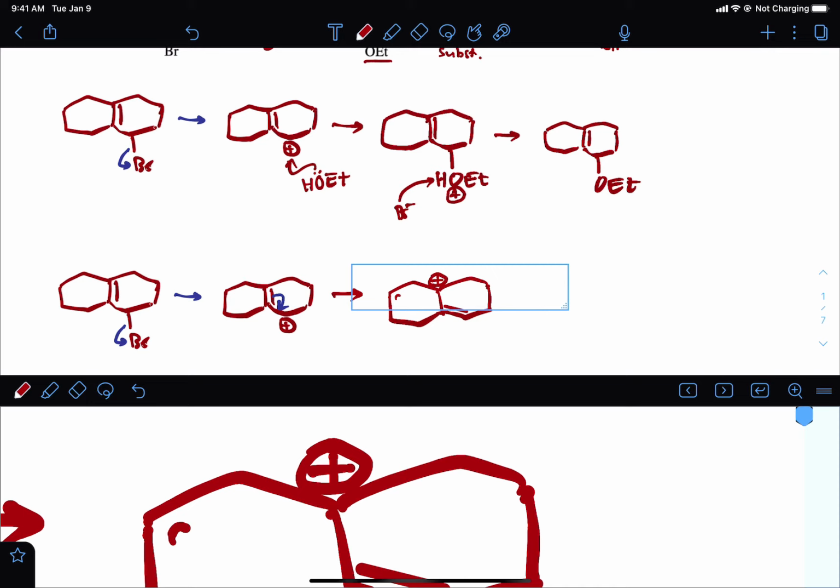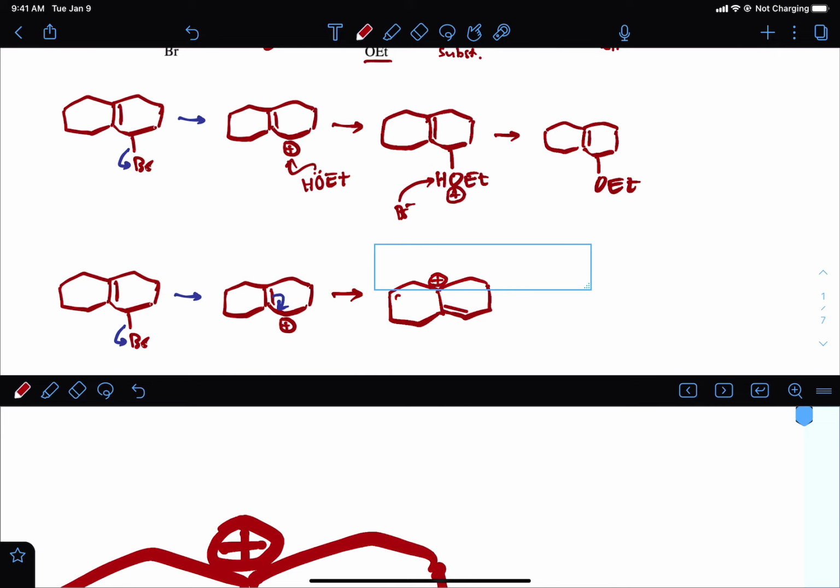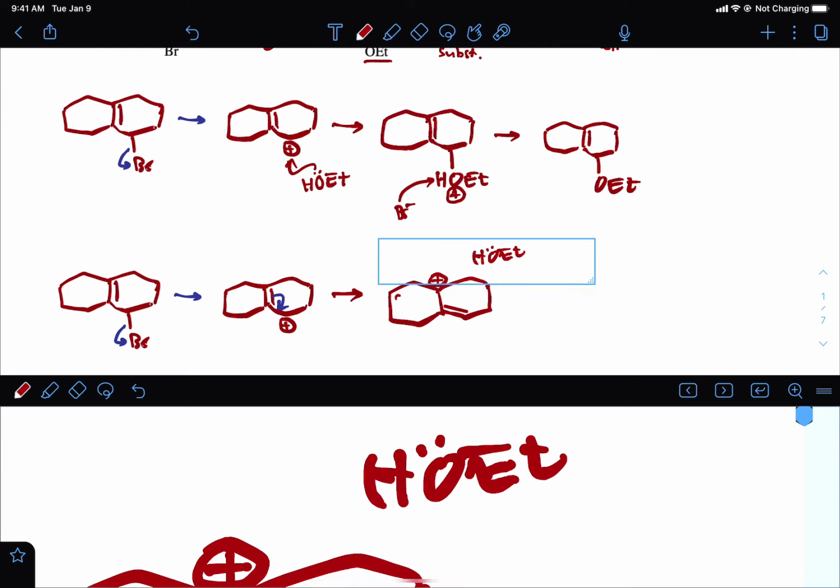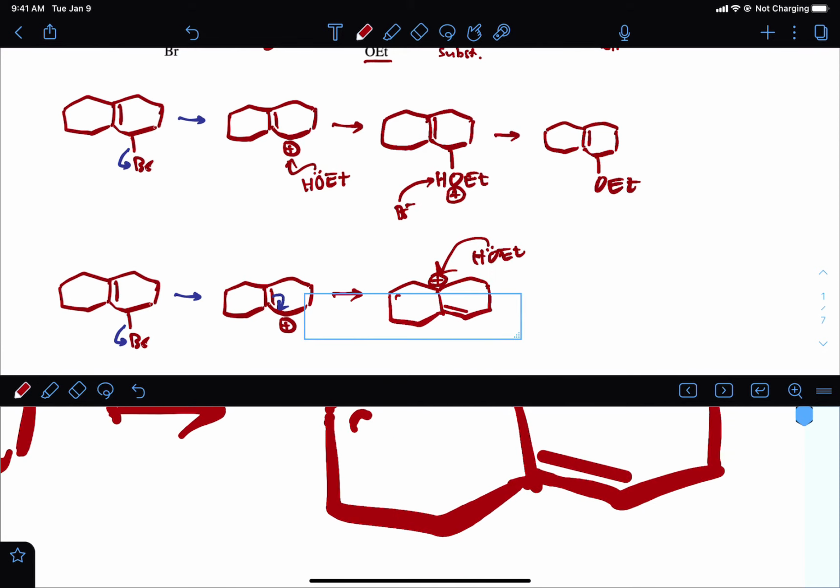All right, sorry about that. That's exactly where our OEt needs to be in the second product. So we can have our HOEt, our SN1 type nucleophile is going to add.